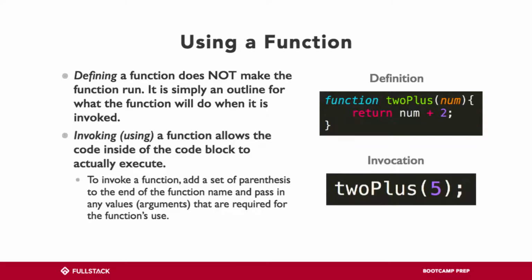I could very well have passed it the word hello and said, hey, can you add to the word world? That's perfectly valid. JavaScript doesn't know what it's supposed to do. It will try to do what you told it to do, and as long as it doesn't throw an error, as long as it is relatively speaking physically able to do it, it will do it.